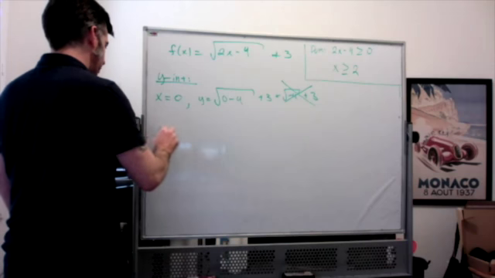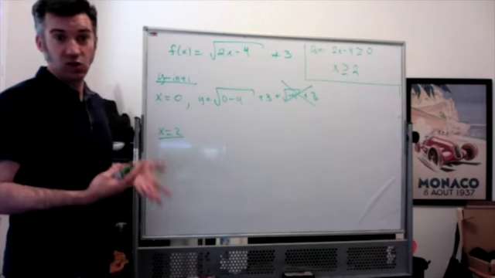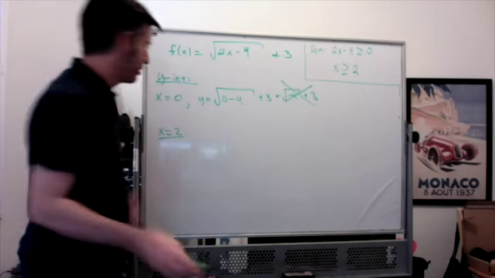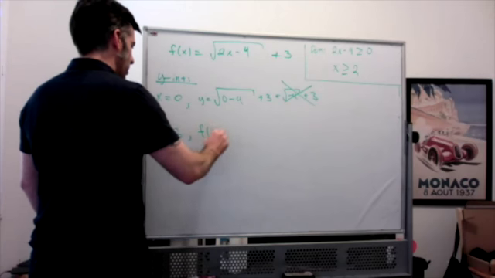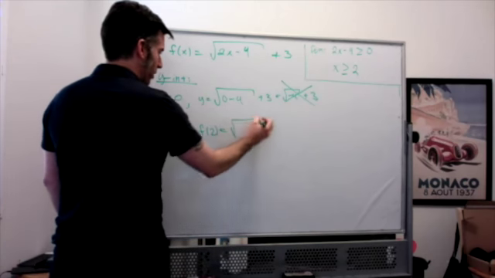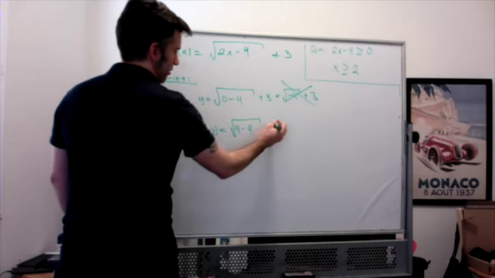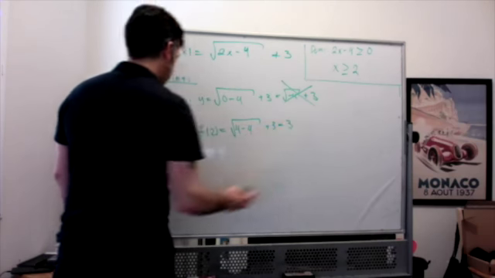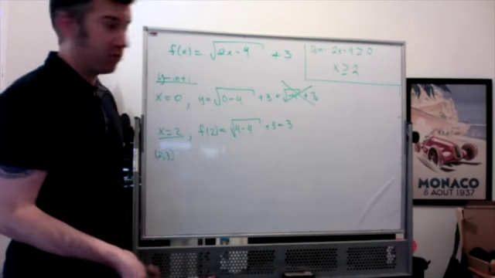If x equals 2, even though that's not normally a point we're required to graph, since it's where the graph is starting, it's an important point. So x equals 2, we get f of 2 equal to the square root of 2 times 2 minus 4, that's 0, plus 3, we get 3. So the point 2 comma 3 is an important point.